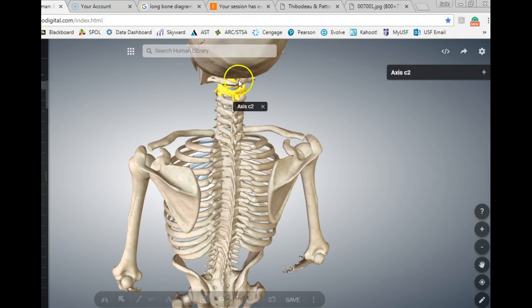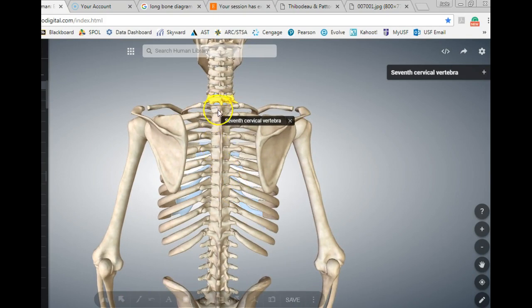These are the only 2 components of the spine that have alternative names. So the atlas is C1, axis is C2. The rest of the cervical spine is going to be C3, C4, C5, and C6. And C7, sorry. So there's C1 through C7.